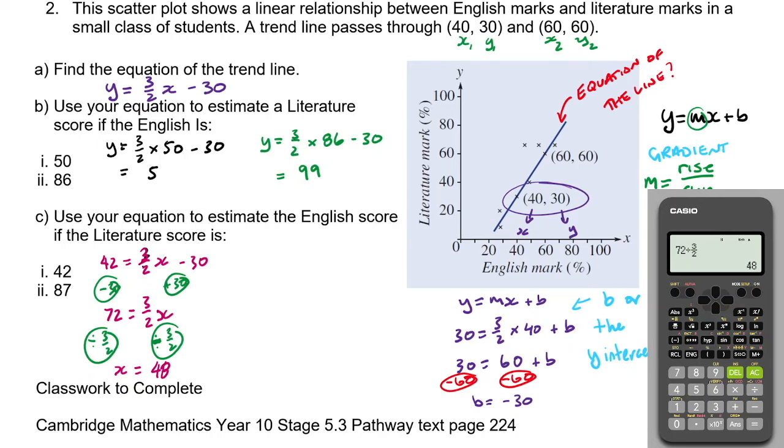Same process for the next one. Only this time it's 87. Alrighty. And then we just go through that same exact process.